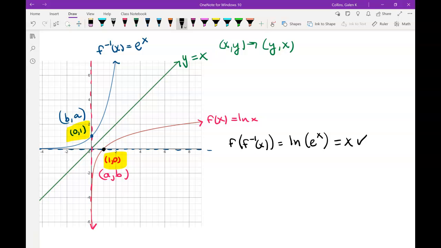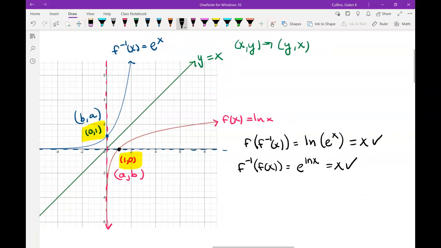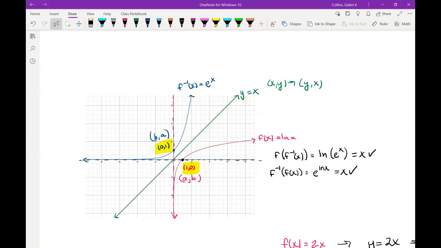And for these two functions to be inverses, it must be true either way. So if instead I compose the inverse function of f with f, I now get e to the power of the natural log of x is x. Okay, so we are relying heavily on some Algebra 2 knowledge here.